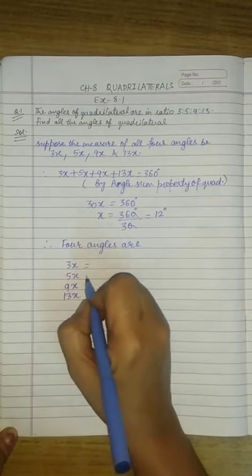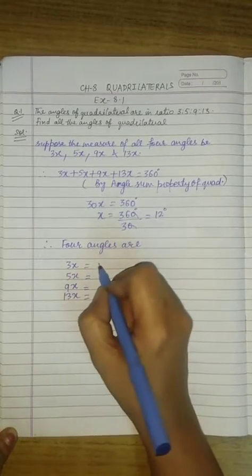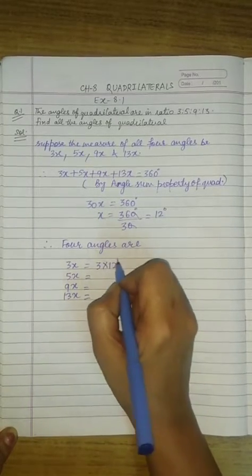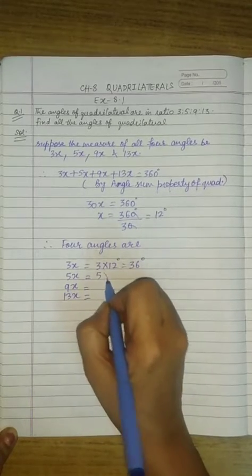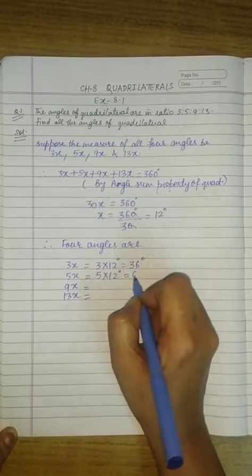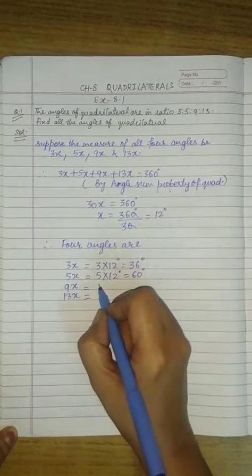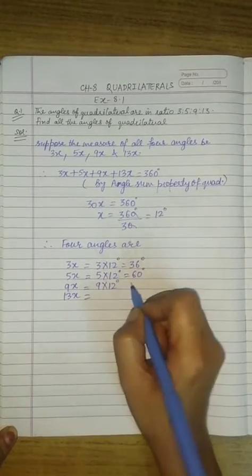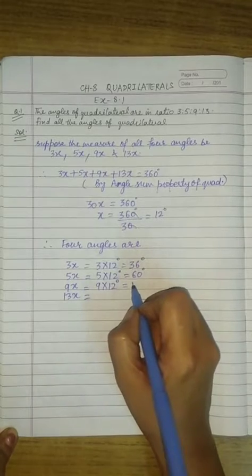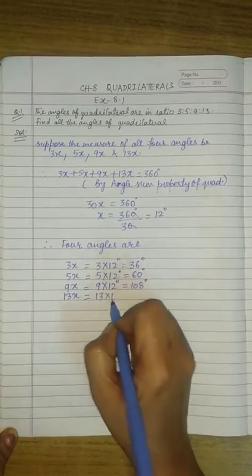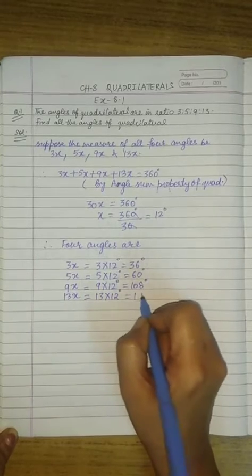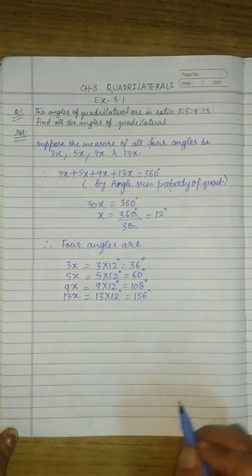And we will put the value of x in each. So we get 3 into 12 degree, that is 36 degree. Then 5 into 12 degree is equal to 60 degree. Then 9 into 12 degree, that is 108 degree. And last is 13 into 12 degree is equal to 156 degree.